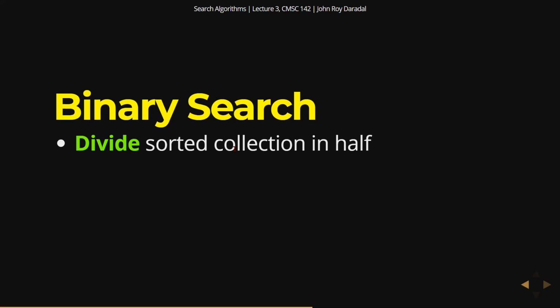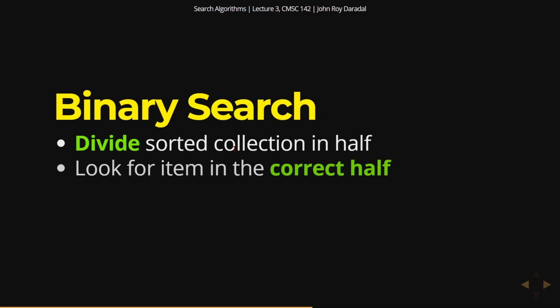You're probably familiar with binary search already, but just to review, basically what you'll do is divide the sorted collection in half. You first look at the middle, and if that's already the item that you're looking for, then good, you've found it. If not, you look for the item in the correct half based on the middle.